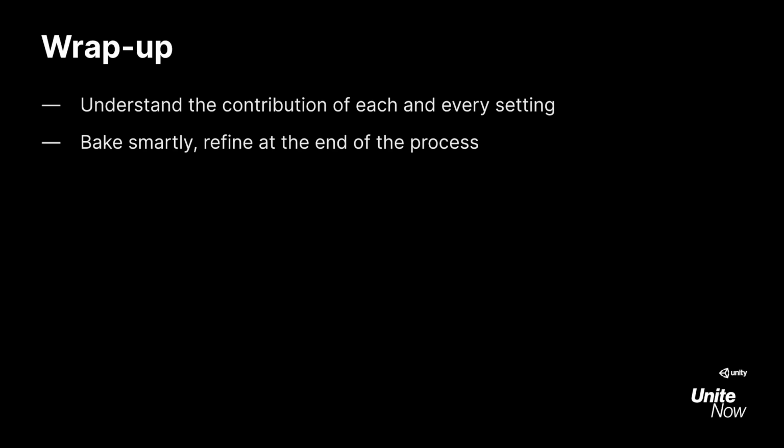So bake smartly, to be able to be faster. And obviously use GPU Lightmapper, which is much, much faster. And then you want to refine at the end of the process. When you're done, when you decided the color of your lights, the intensity, the position, you can then bump up all of those settings and produce the final quality of the lightmap.